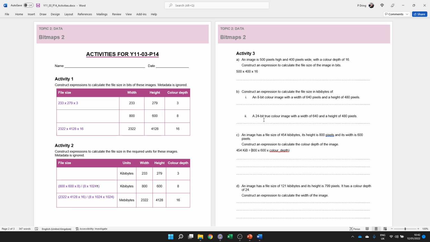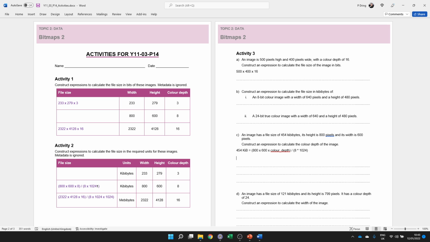But it's also been divided by something. So all of that is divided by 8. And then we're going into kibibytes, so times 1024. So we need to multiply things out to get just the color depth. So how can we do that?